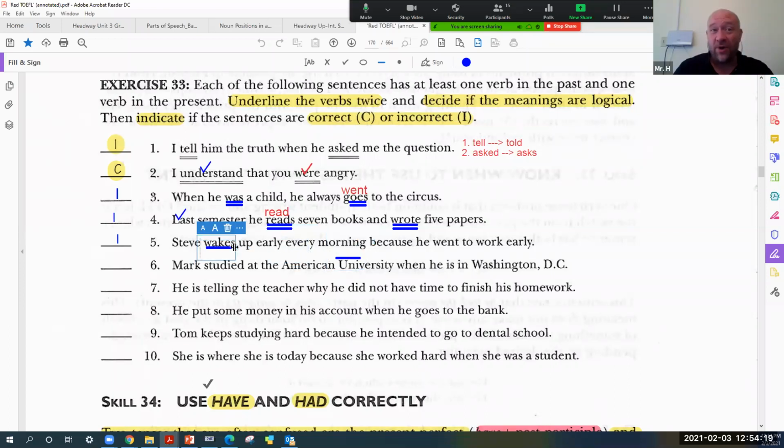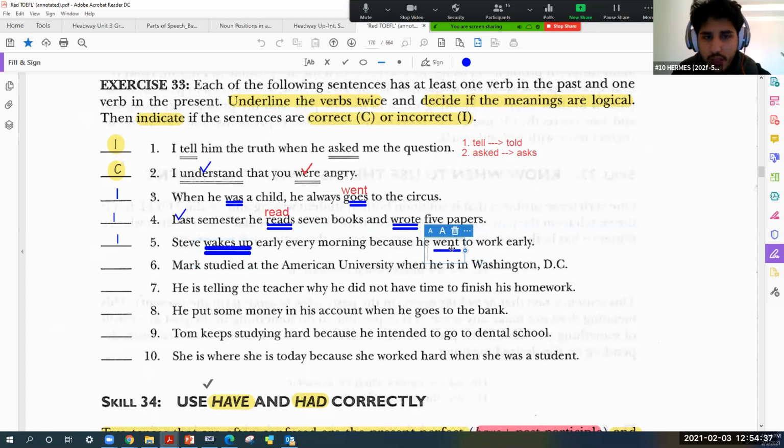By the way, guys, this is a special kind called a phrasal verb. Wake up. The phrasal verb has 2 parts, right? And the second is went. Exactly. Went. The past simple. So what's the problem? It's not logical. Yes, it's not logical. Which should I fix?